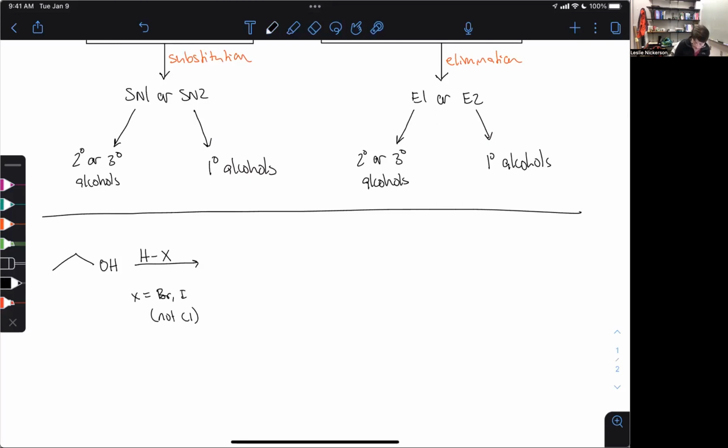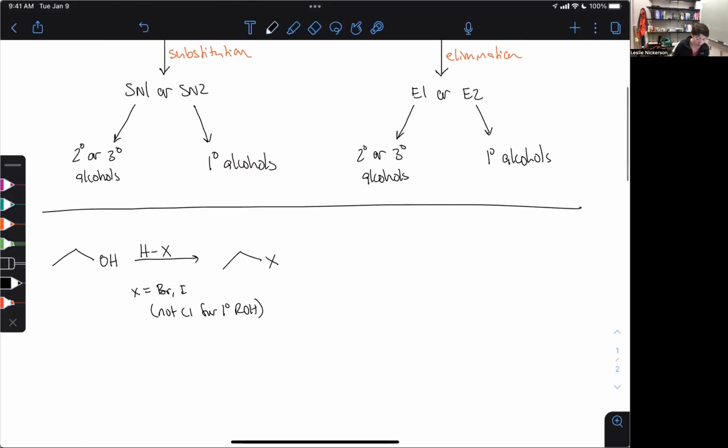The chlorine is actually not a strong enough nucleophile for this particular reaction when it's on a primary alcohol. So we're looking at putting an alcohol in with this acid, and in this case, since we're using a good nucleophile, we're going to get a substitution reaction. We're going to substitute the OH for the halogen, so it's another way of making alkyl halides.